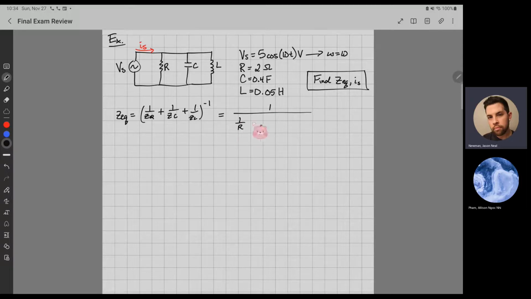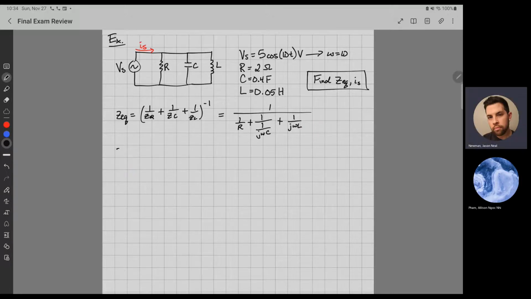So that's 1 over R. You guys know the impedances by now: Z of C is 1 over j omega C, but we're taking 1 over that. Then plus 1 over j omega L.